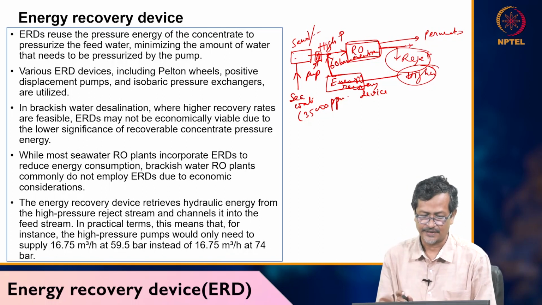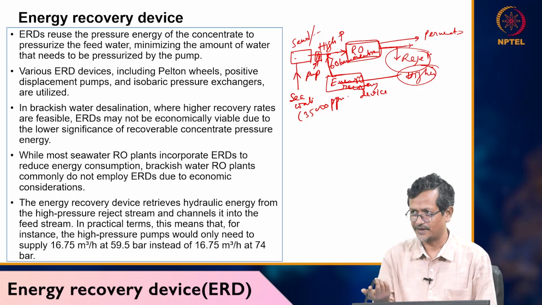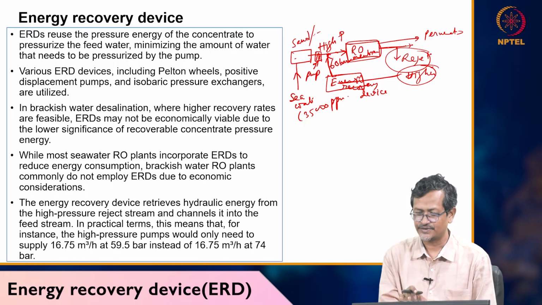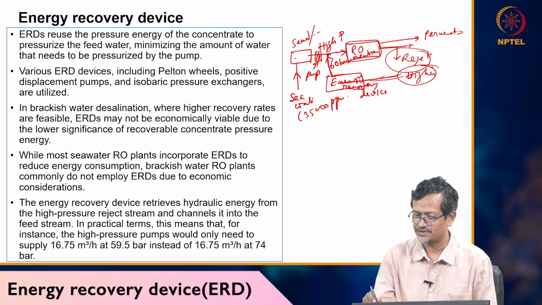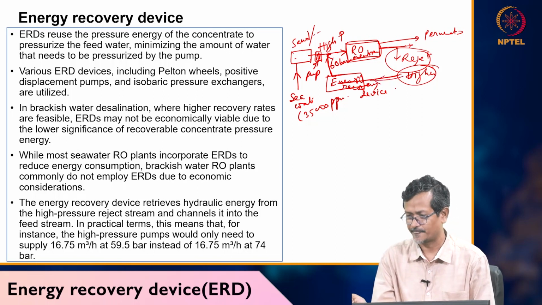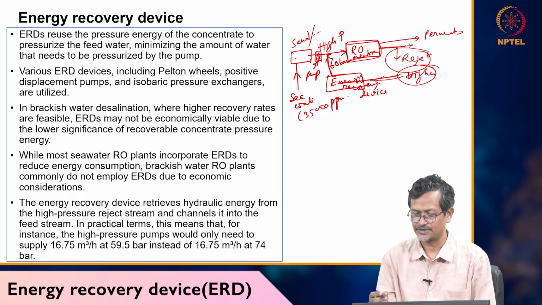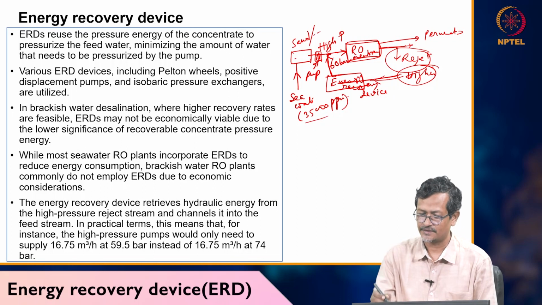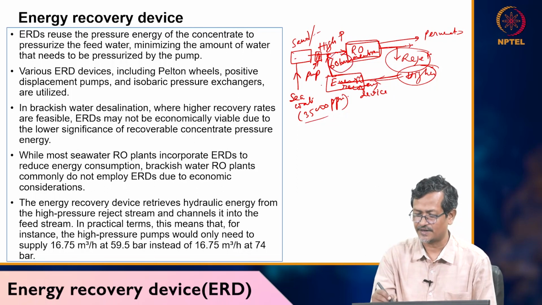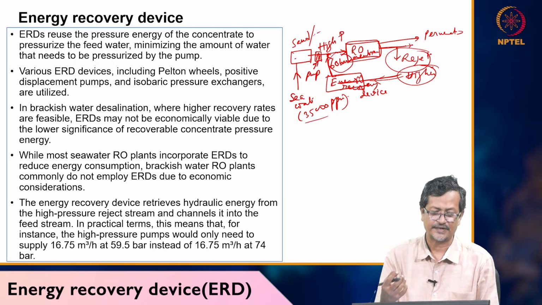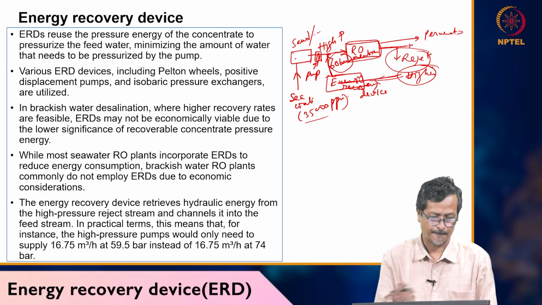So, a certain amount of energy you are recovering using that mechanism. In brackish water, where the pressure requirement is very low, it is not 60 bar, it will be much lower than 60 bar. In that case this energy exchange system is not required. But if you are using it for seawater desalination, then you are giving a huge amount of energy to generate the high pressure. So, you want to recover a certain amount of energy, and in that case you use an energy recovery device or ERD.